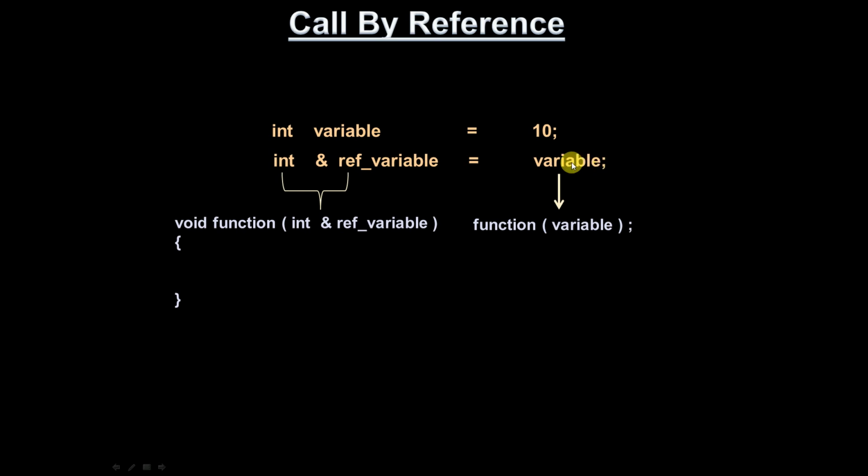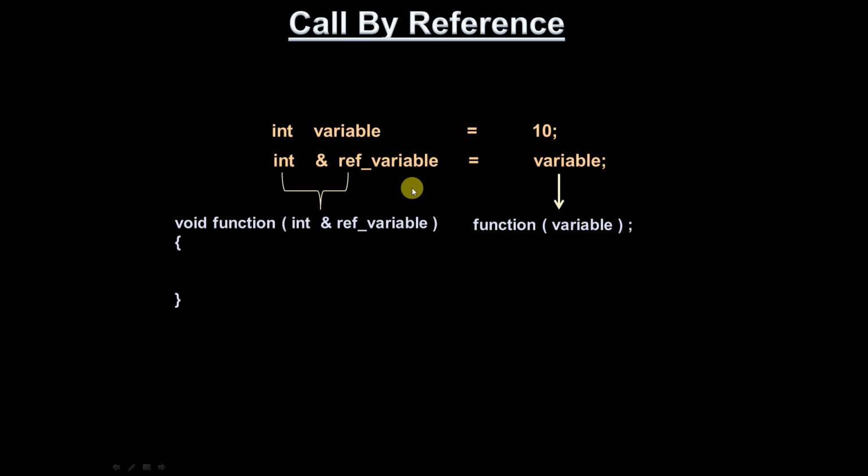This is to avoid confusion about what to place in the function call and what to place in the function definition. If you forget where to write the reference symbol, and whether we have to provide the address-of operator, sorry, the ampersand, here or here, then just write down the syntax of the reference variable: int reference variable equals variable.